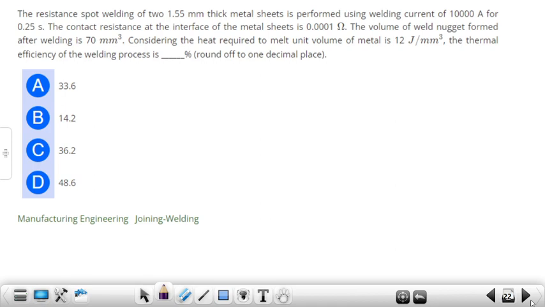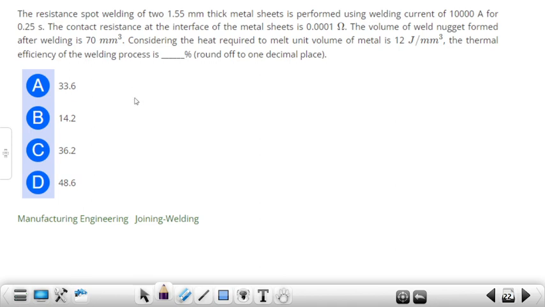Resistance spot welding of 1.55 mm thick metal sheet is performed using a welding current of 10,000 ampere for 0.25 second. The contact resistance at the interface of the metal sheet is 0.0001 ohm.